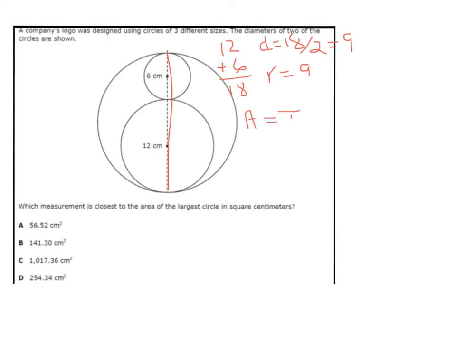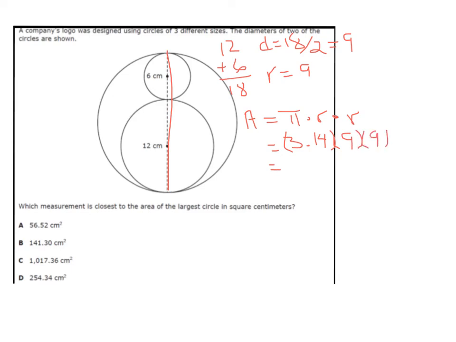Area is equal to pi times the radius squared, or pi times the radius times the radius. We're going to use 3.14 for pi. So now we have 3.14 times 9 times 9.